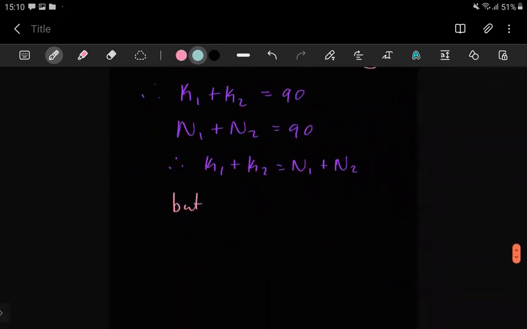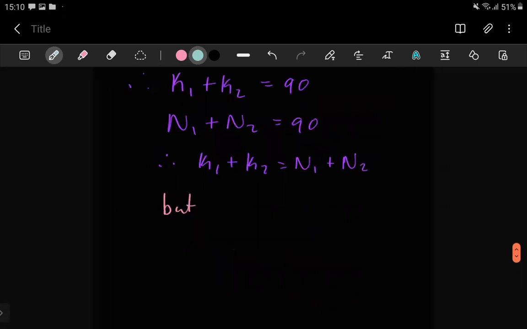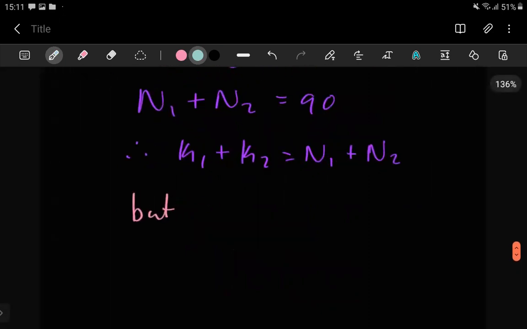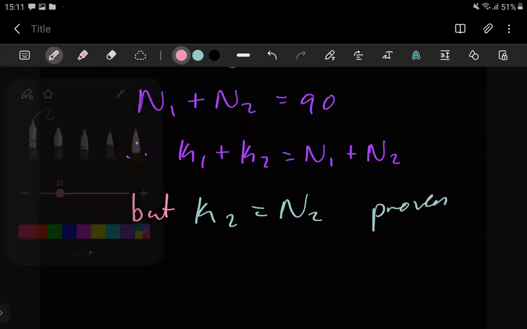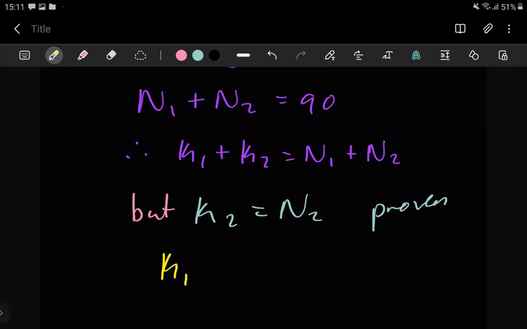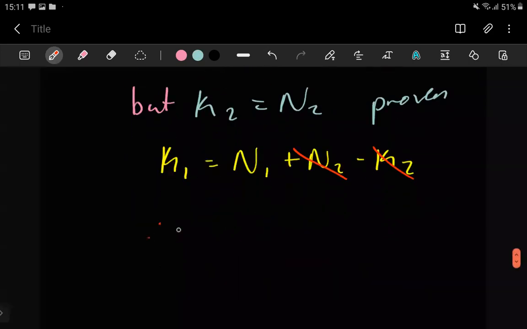But K2 is equal to N2. This has been proven. So algebraically, you would have K1 on one side equal to N1 plus N2. If the K2 goes to the other side, these would cancel each other out because they are equal. And then you can say, therefore, K1 is equal to N1.